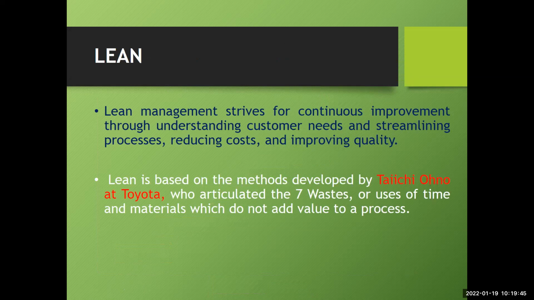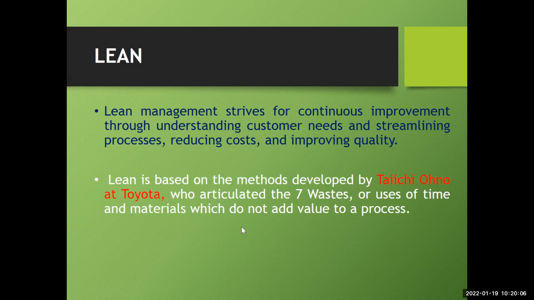Lean management was originally developed by Taiichi Ohno, the CEO at that time of Toyota Corporation, who articulated 7 wastes and gave the concept of value added and non value added activities.